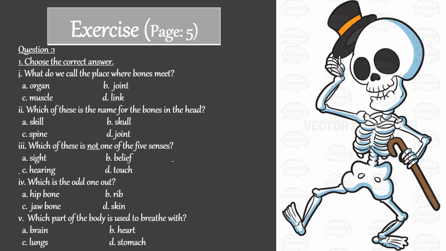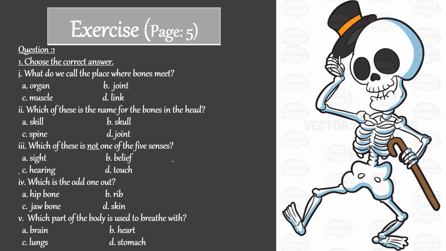Then the next one is which part of the body is used to breathe with? Now these are the internal organs and you are very well familiar with their functions. A brain, B heart, C lungs and D stomach. Choose the correct one.